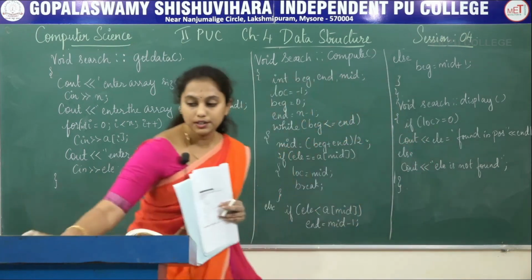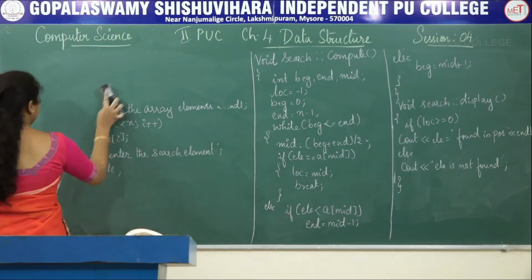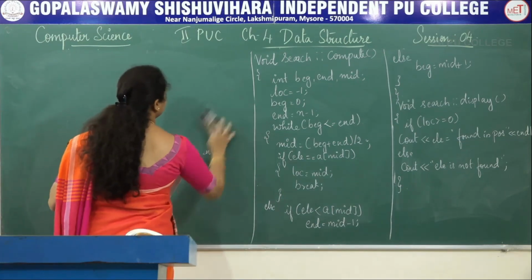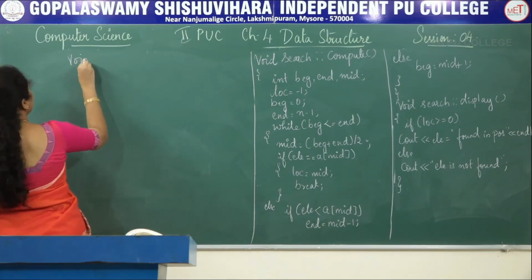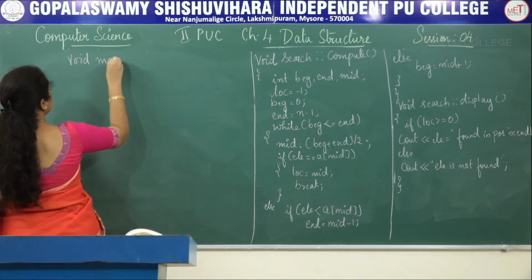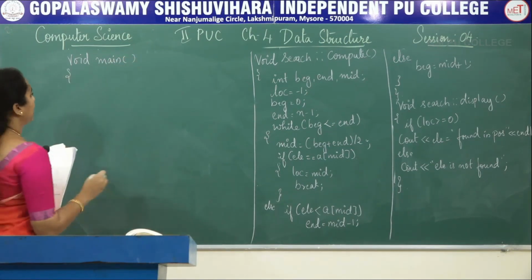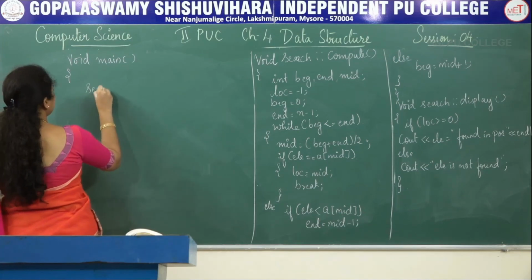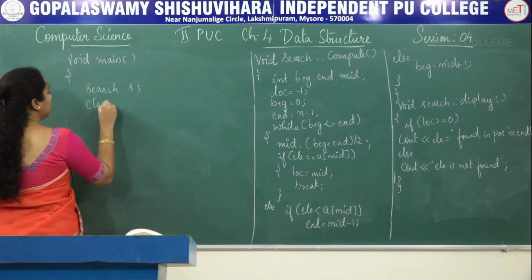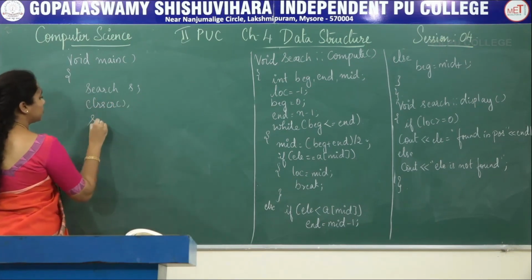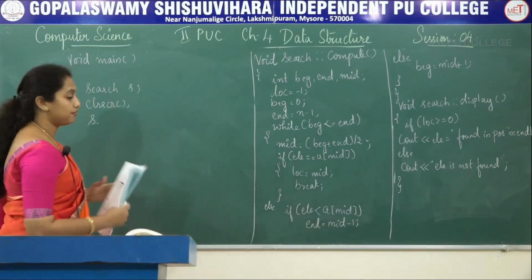Next we have to write the main function. Void main. Here we are going to create an object, that is search s. Clear screen. Using the object we are going to call the functions.